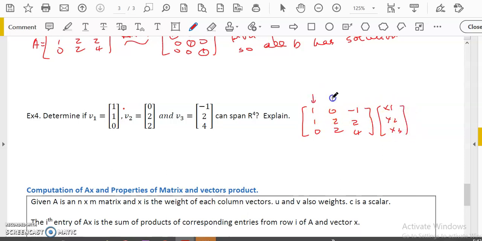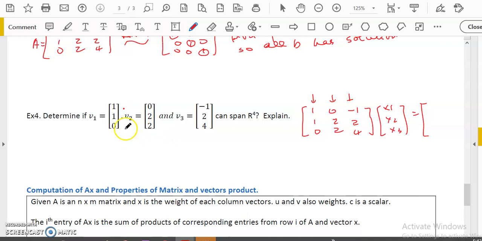Because I have 3 columns. This doesn't make sense because these 3 vectors are in 3 rows only. How can they span R4?